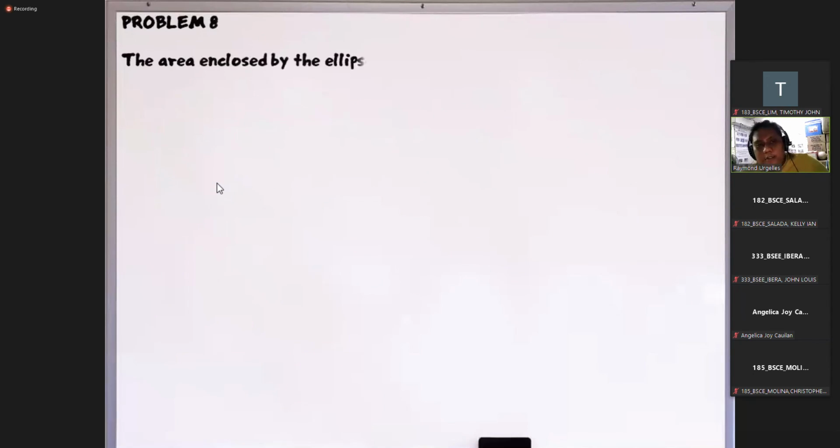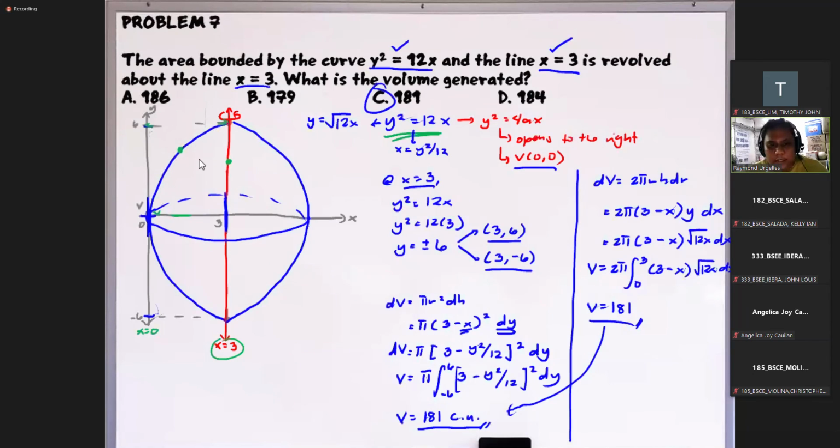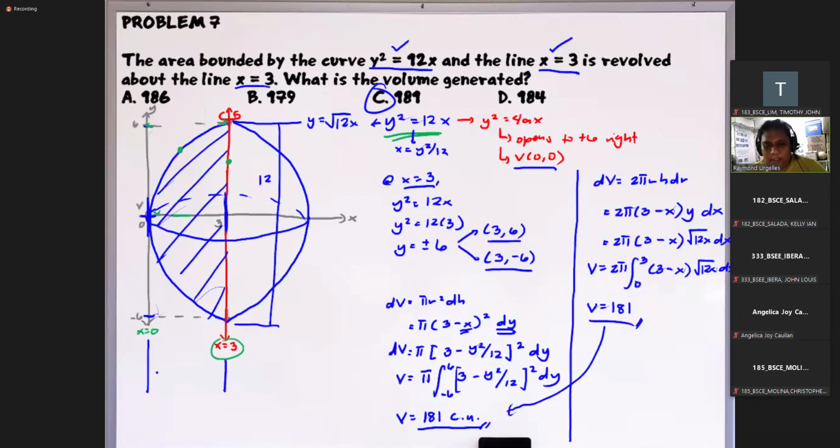So therefore, pagdating dun sa given sa atin dito, since we are considering this area, ito yung base natin dyan, mula dito hanggang dito. That is given by 6 minus -6, that's 12 units. Yung height ng parabola natin is mula dito hanggang dito, so alam natin na yun ay 3 units. And again, the centroid is located on the axis.